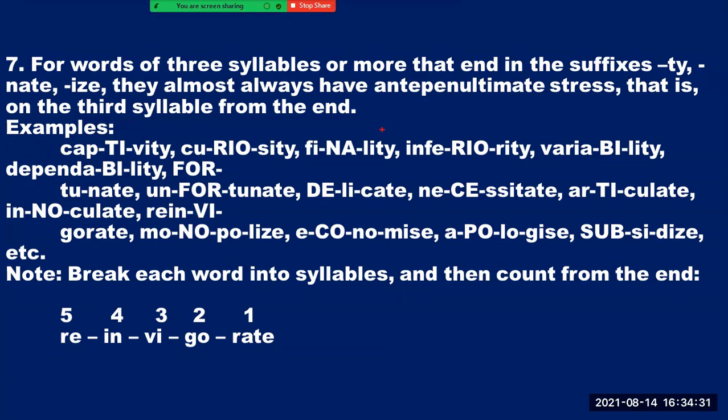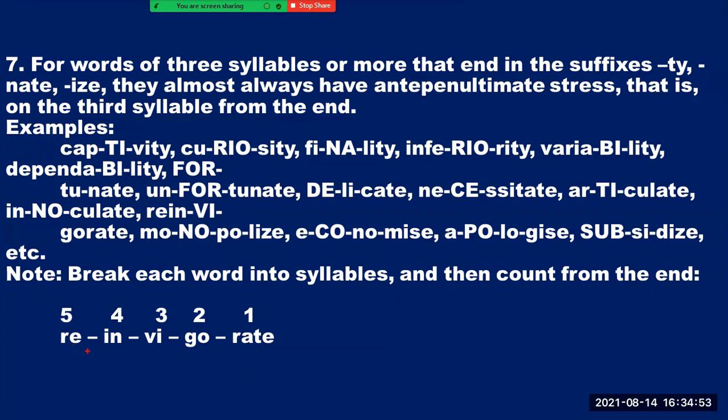Just note that it is the 3rd syllable from the end. In rule number 6, we talked about the 2nd syllable from the end, and here we are looking at the 3rd syllable from the end. Of course, we are dealing with polysyllabic words.